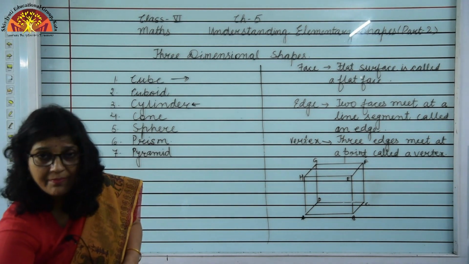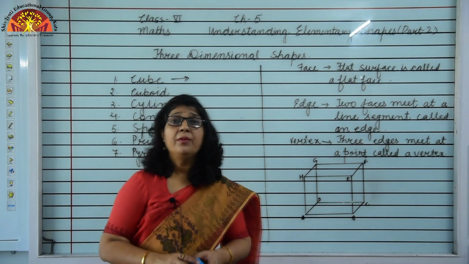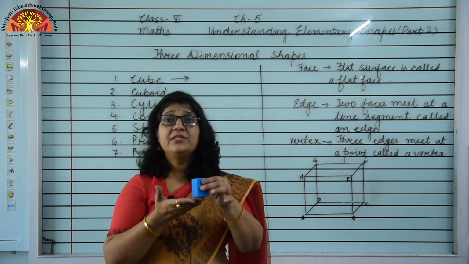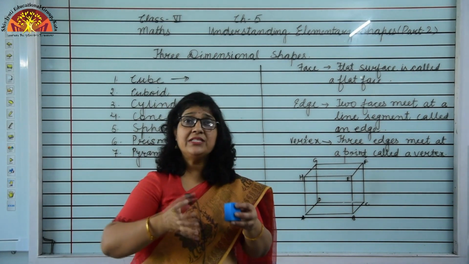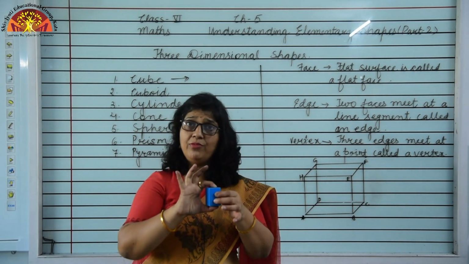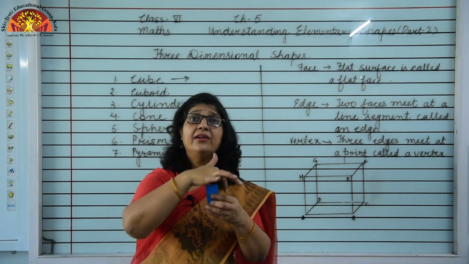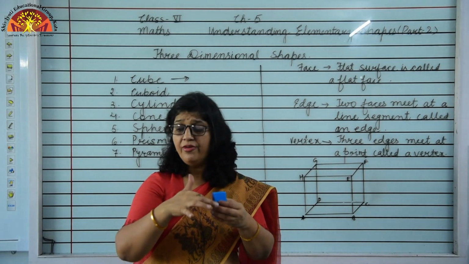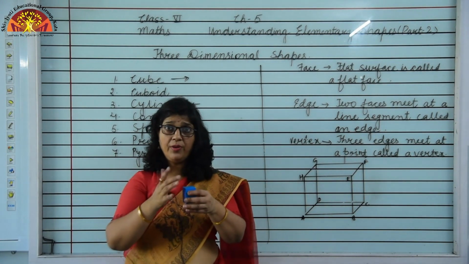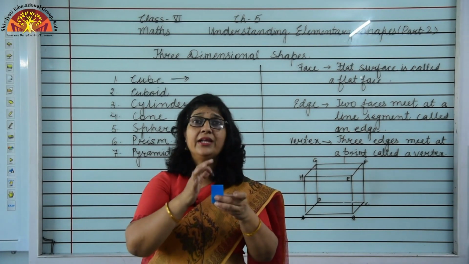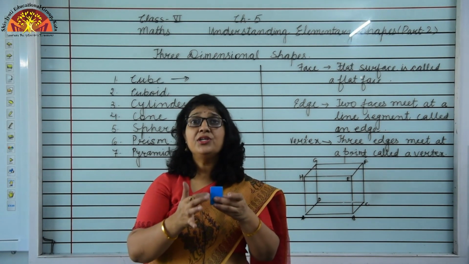next shape is prism. And students, prism have top and bottom same. Understood? Prism में top और bottom same होता है and side faces are rectangular in shape. जो prism होता है उसमें top और bottom same होगा और जो आपके side faces होंगे that is in rectangle shape.